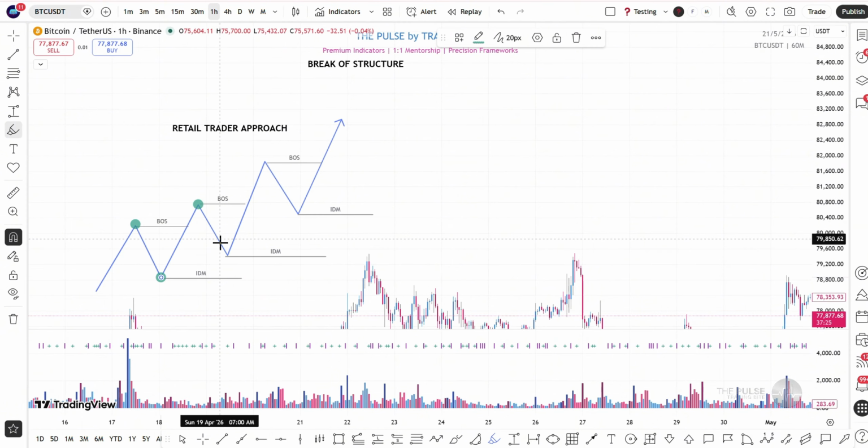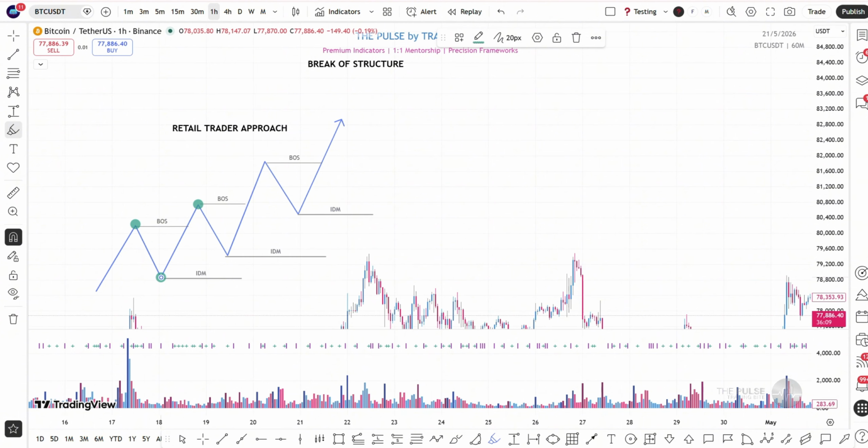So now the point is, what is the indication when you see a break of structure on the chart? Basically, break of structure is an indication that smart money wants to move beyond, or wants to go to a further buying point.